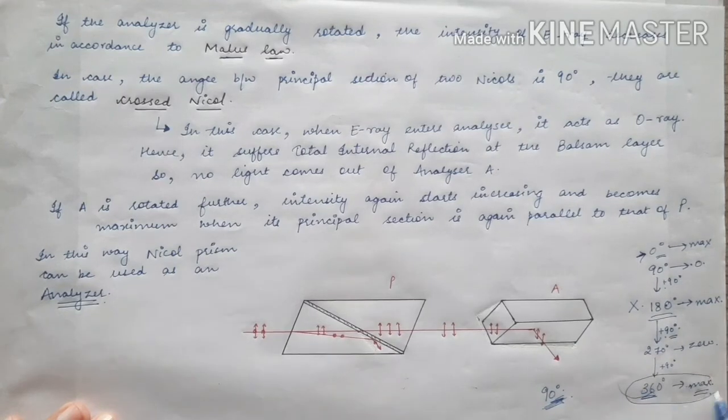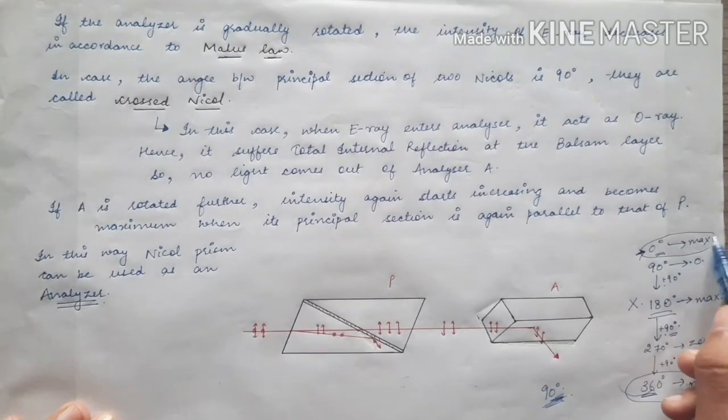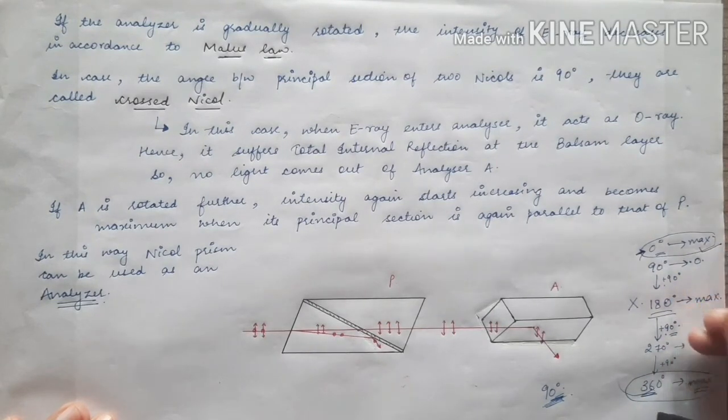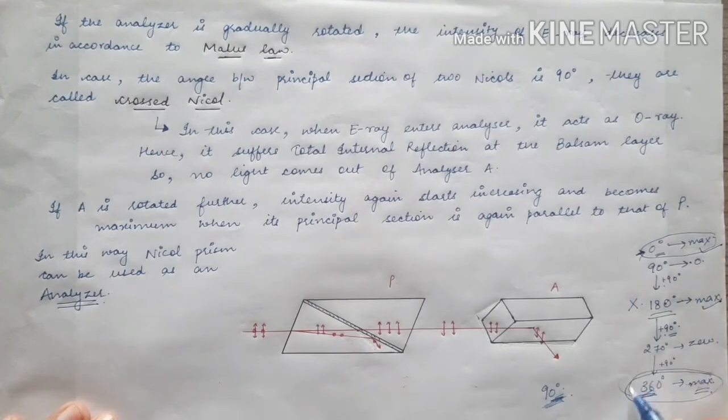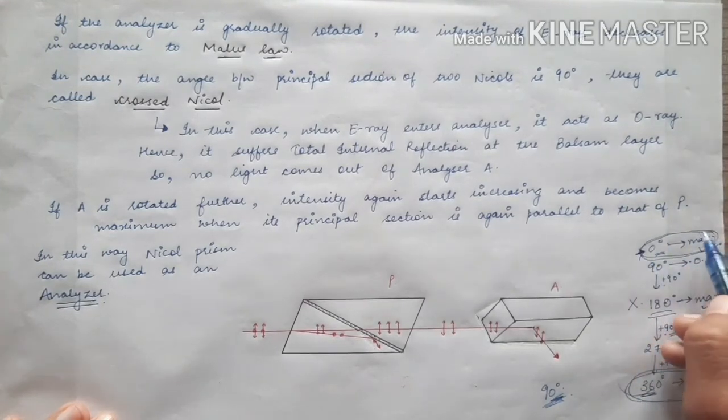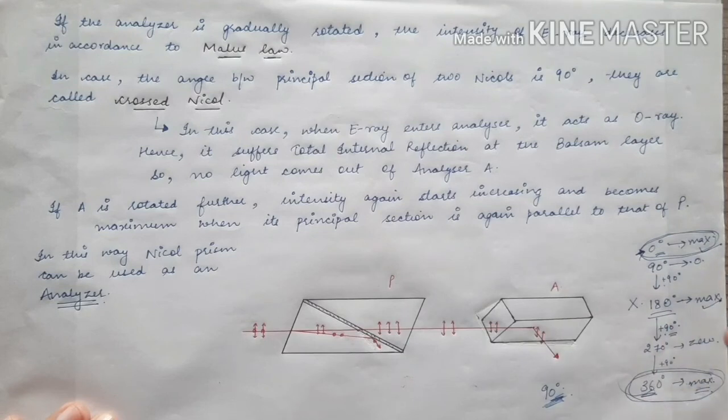So this position is the same as that position. So by this 360 degree rotation, you can see that intensity becomes maximum 2 times and intensity becomes 0 2 times.